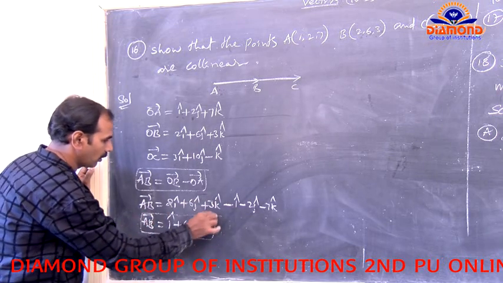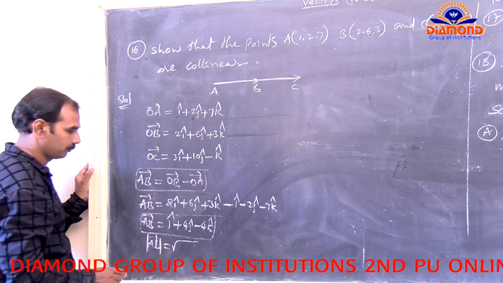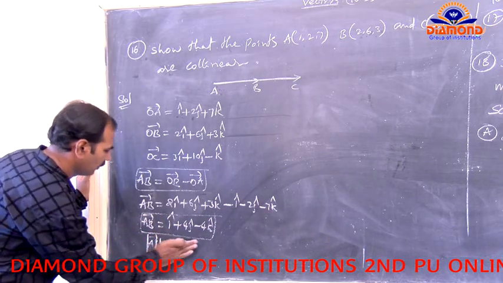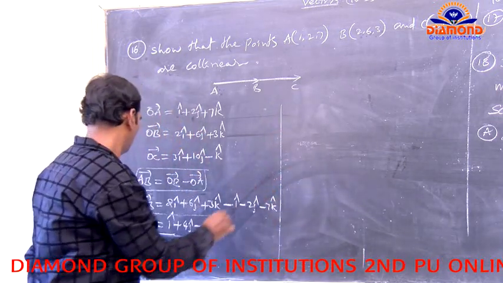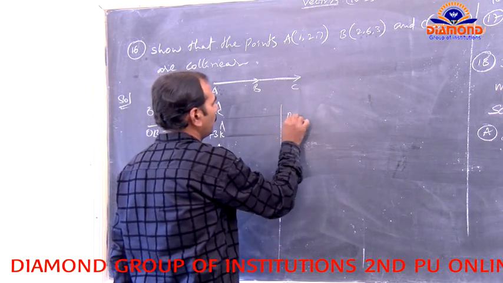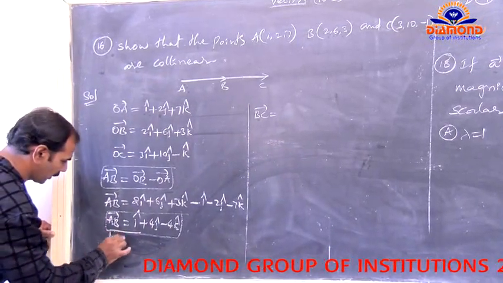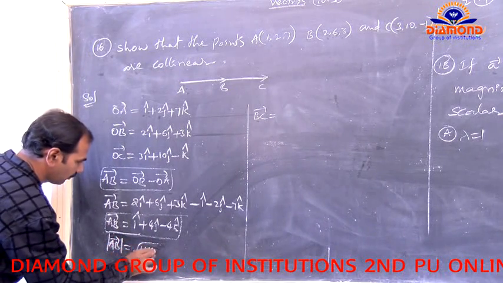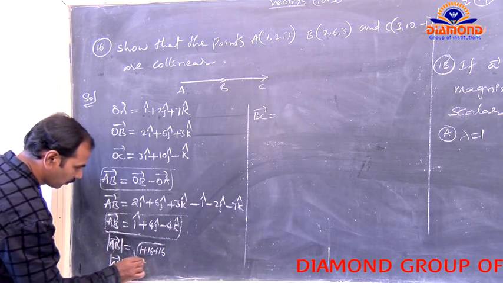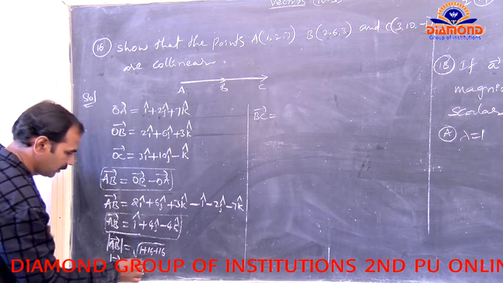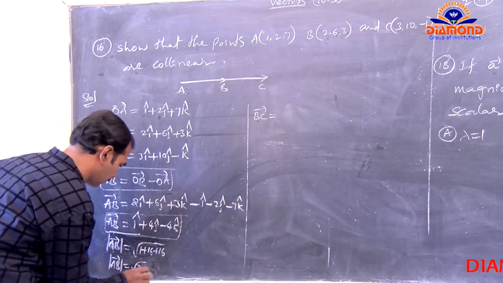This is AB bar. Magnitude of AB equal to square root of 1 plus 16 plus 16, which is square root of 33.